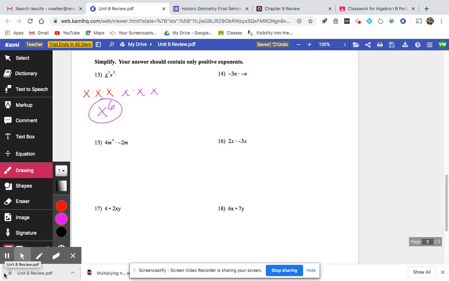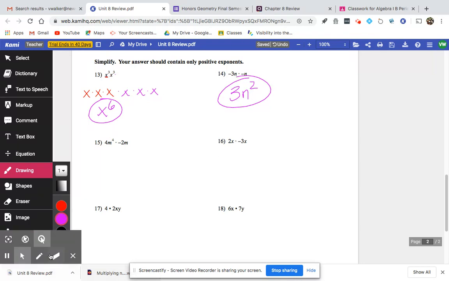That's simplified. Number 14, negative 3n times negative n. Negative 3 times a negative 1 is a positive 3. I've got 1 n over here and another n over there. N times n, I've got 2 n's total. So n squared. So 3n squared is my answer for number 14.